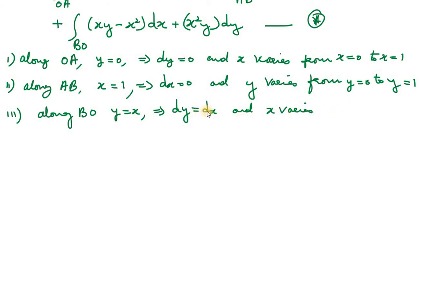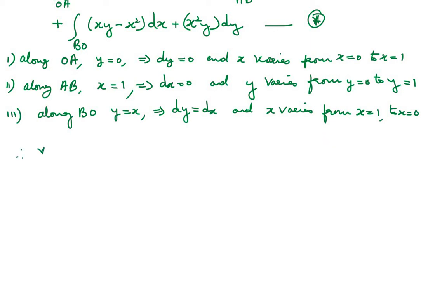If you replace x in terms of y, the limits of integration for y will also be from 0 to 1. So here x varies from x is equal to 1 to x is equal to 0.